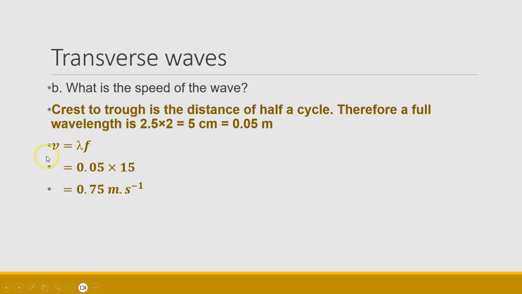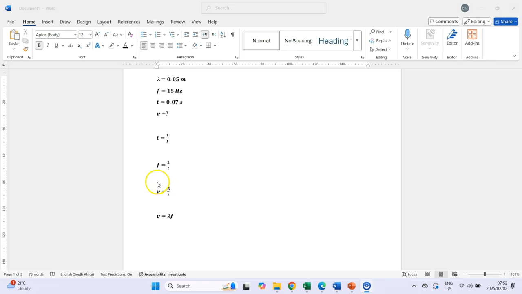Now, instead of applying this formula, we also had the option of using this formula over here. Because remember, we were given enough information to work out the wavelength, and we were given the frequency of the wave. We calculated the period of the wave. So whether we use this formula or this formula doesn't actually make a difference to work out the speed of the wave.